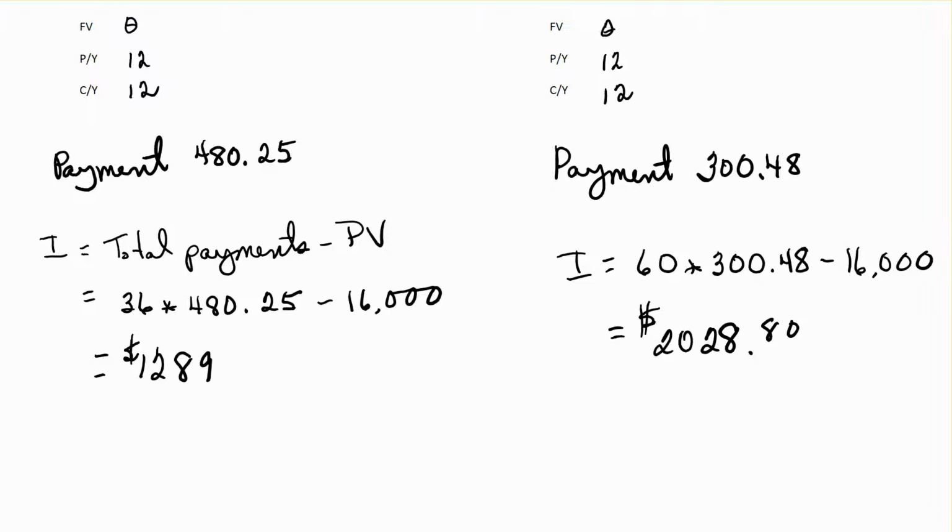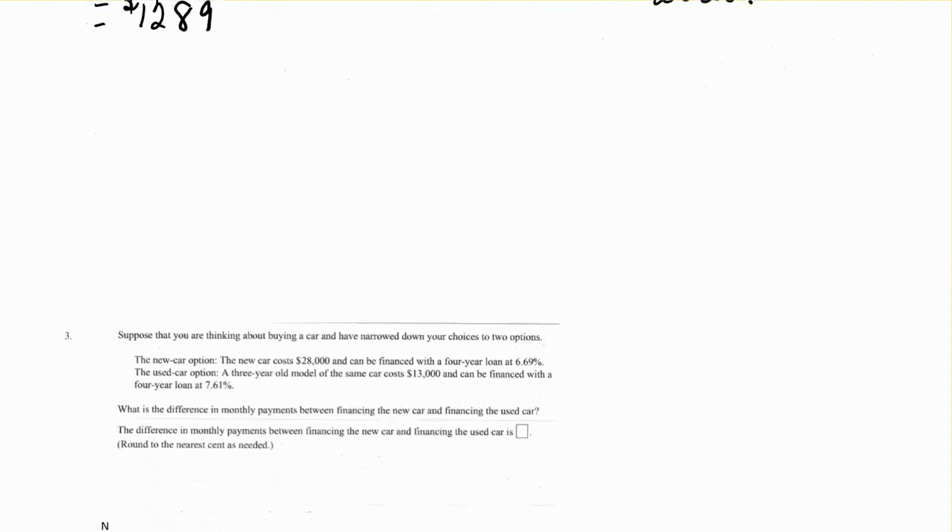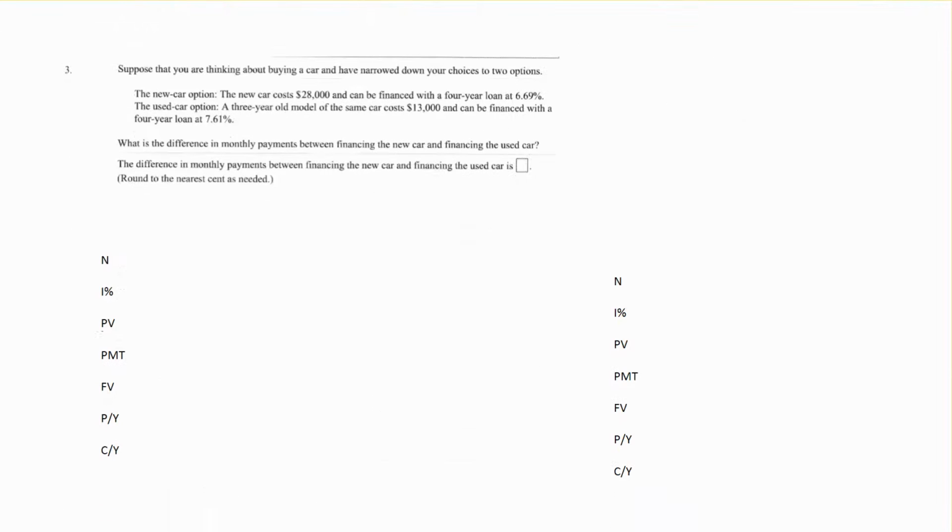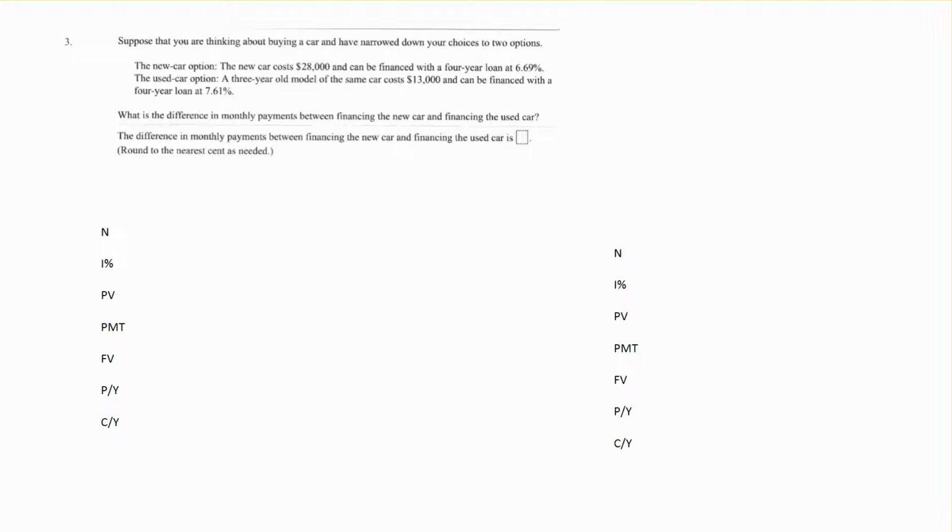Let's take a look at question number 3. All right. In this one, you're thinking about buying a car and have narrowed down your choices to 2 options. You have a new car option. It costs $28,000, financed for 4 years at 6.69%.